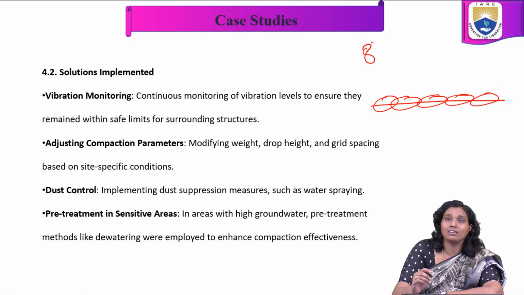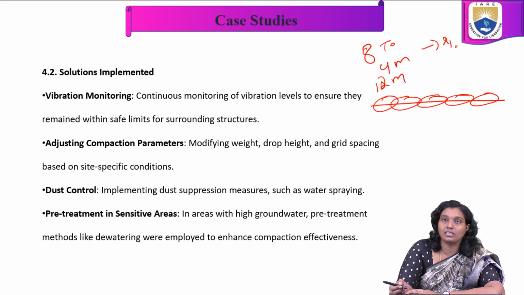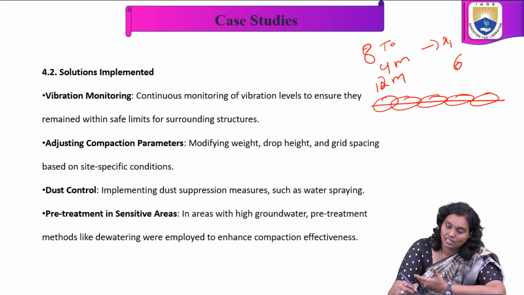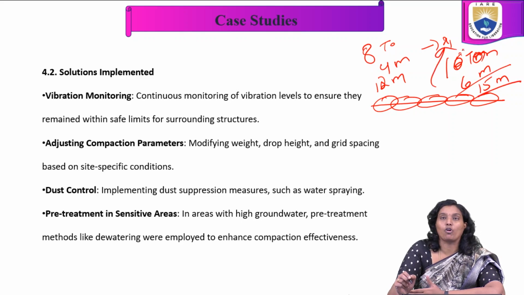One particular stretch demands 8 tons, 4 meters of grid spacing and 10 to 12 meters height. That gives the X1 compaction. Similarly, in another stretch, 10 tons, 6 meters of grid and 15 meters height may give the X1 compaction.